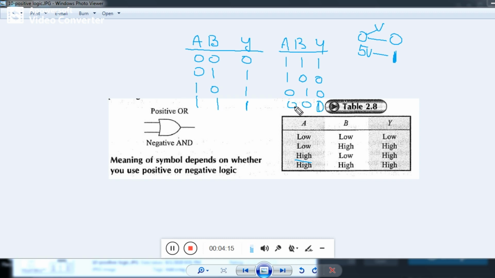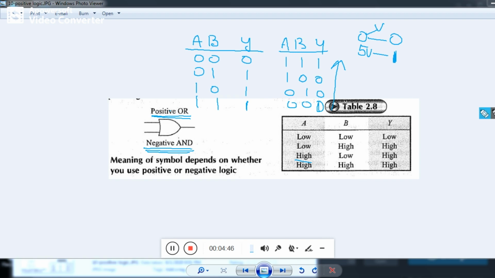Now you see the order 00, 01, 10, 11, and the output is 0, 0, 0, 1. That means it is equivalent to an AND gate. So I can say the OR gate in positive logic is equal to the AND gate in negative logic. This is the one thing you have to remember here.